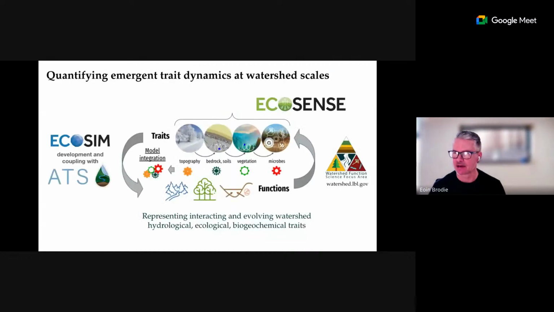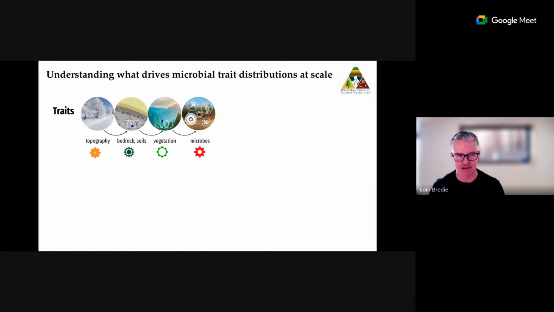The last thing I'll say on this, when you start to do things at this scale, you have to be able to parameterize the environment that the microbes live in as well. And so as part of this project, the Watershed Function Science Focus Area, this EcoSIM model allows us to bring the landscape, the bedrock, the soils, the vegetation, all of the traits at the whole watershed together into one simulation framework.